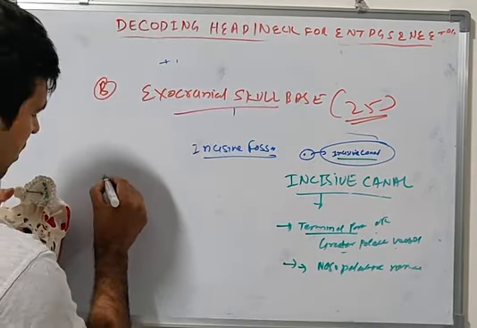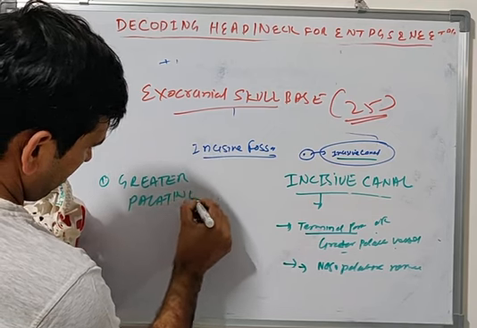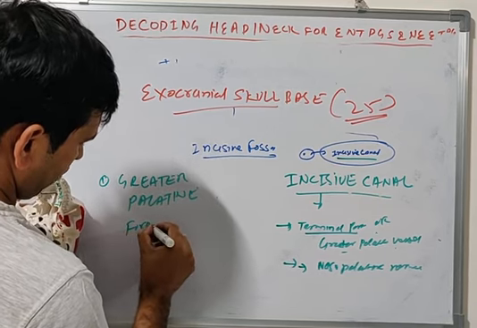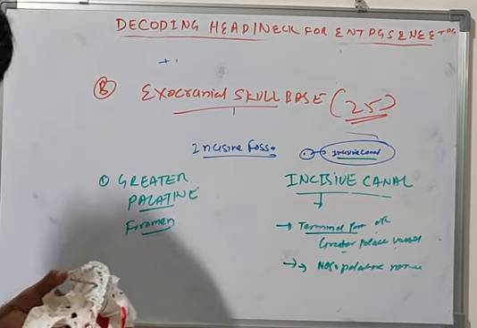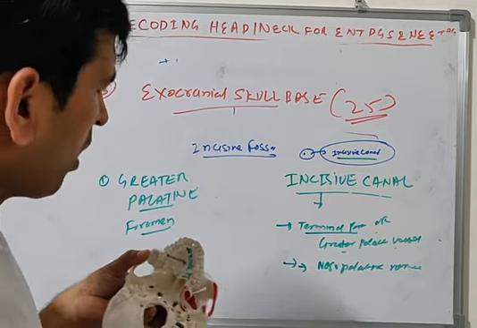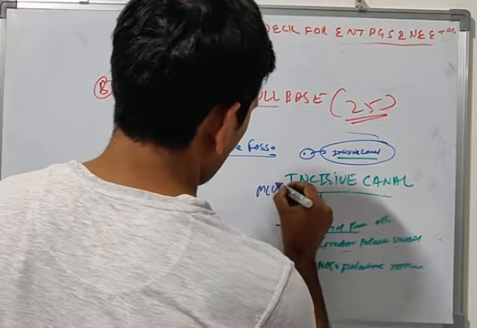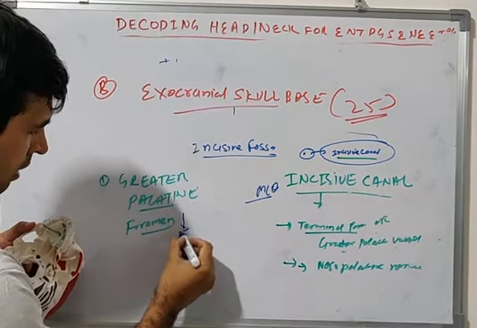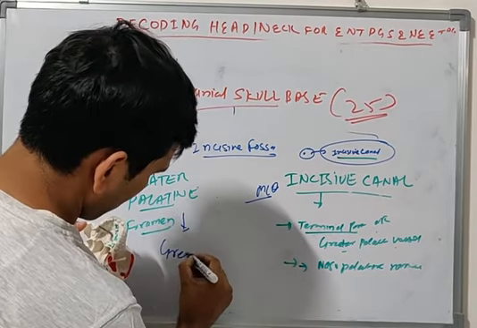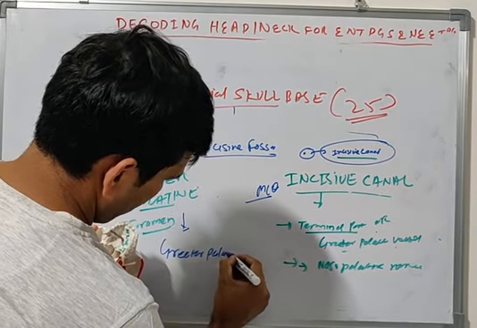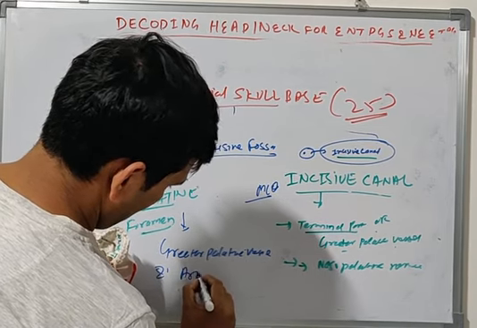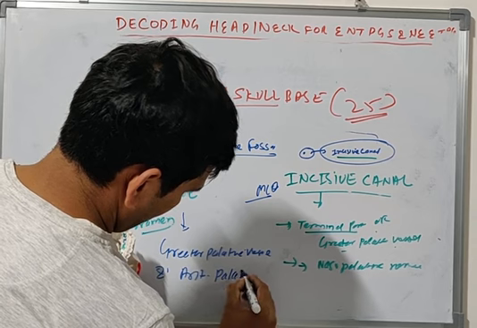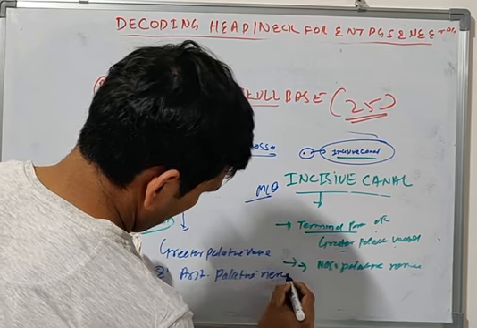Greater palatine foramen. The structures passing through this greater palatine foramen, this is also an MCQ, are the greater palatine vessels and, very important, the anterior palatine nerve, a branch of the pterygopalatine nerve.